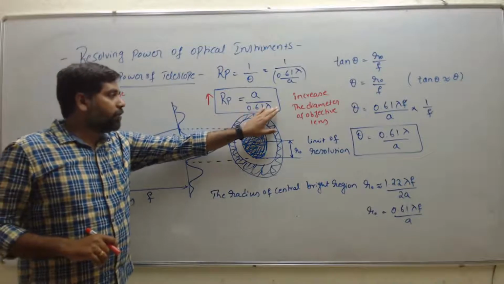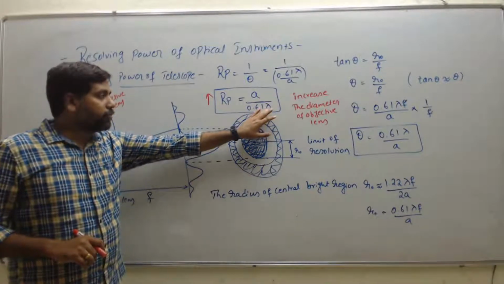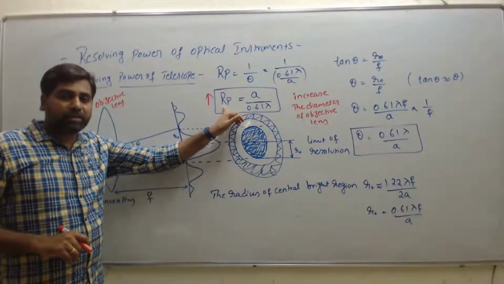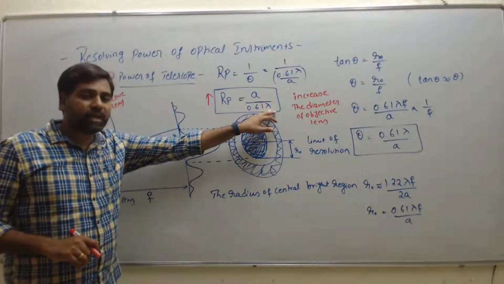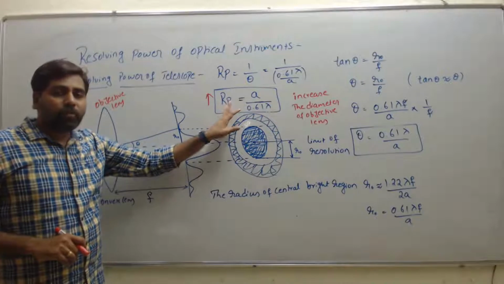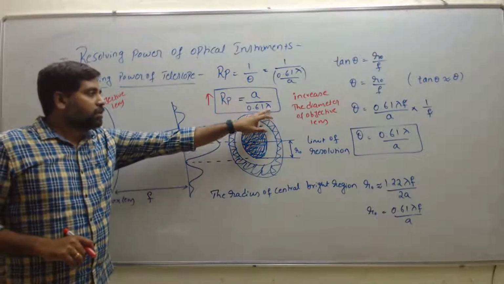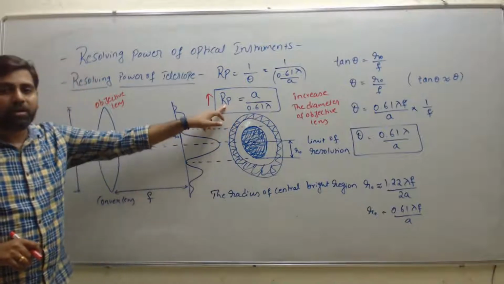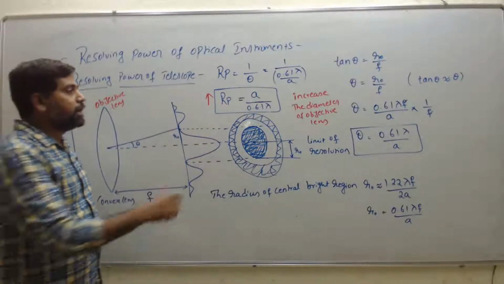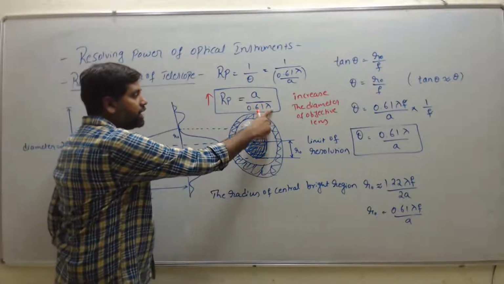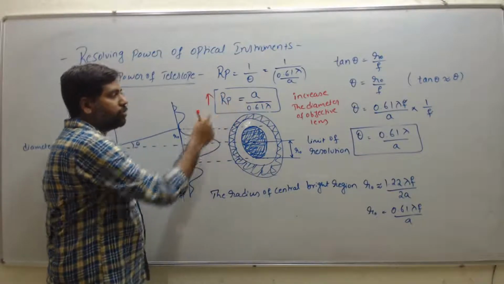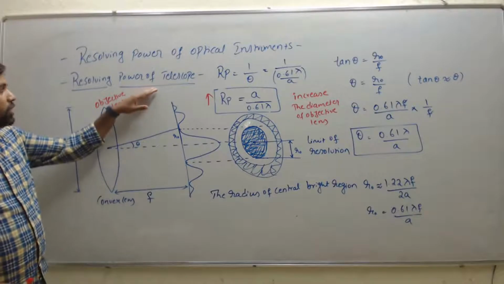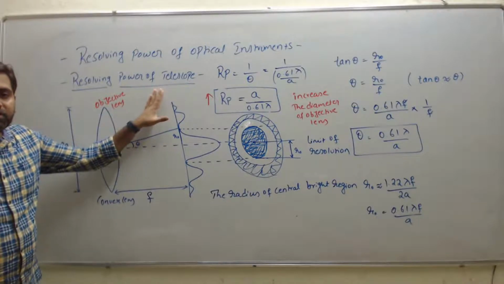So what happens if the wavelength increases? If the wavelength increases, then the resolving power decreases. If the wavelength of the light decreases, then the resolving power increases, because the resolving power is inversely proportional to the wavelength of the light. So this is about the resolving power of the telescope.